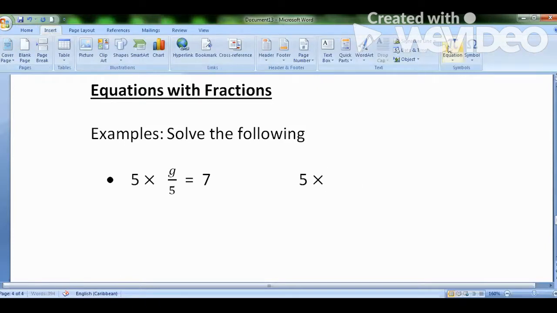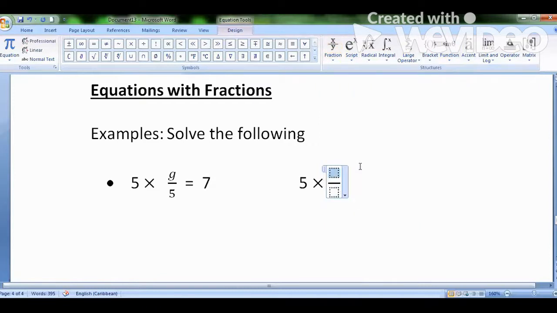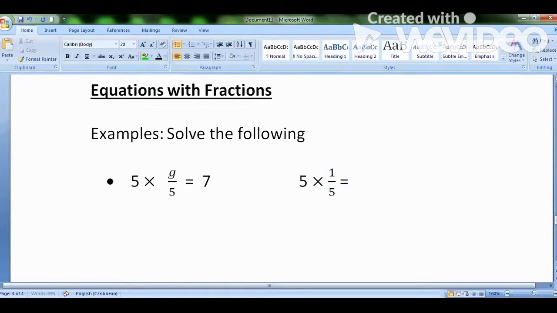All right, so let me just look at this quickly and show you something. If I ask you to work this out, what would the answer be? 1, yes.